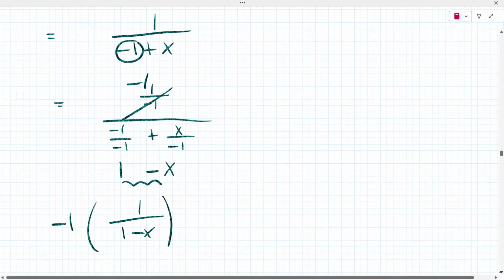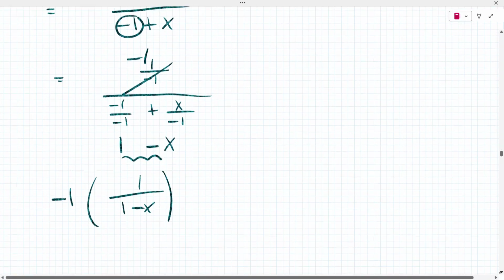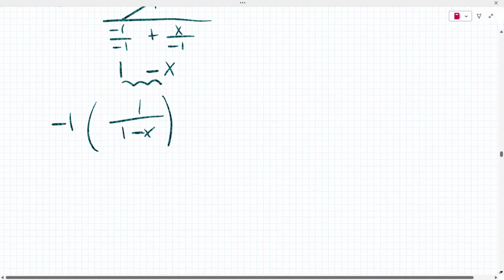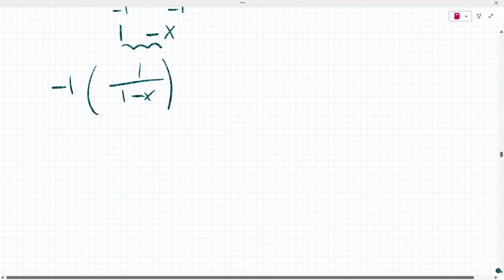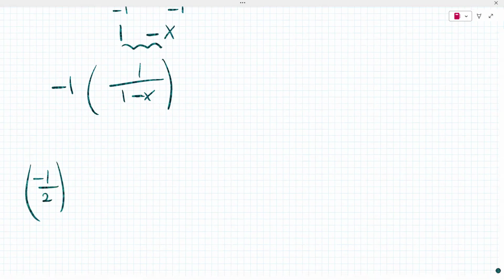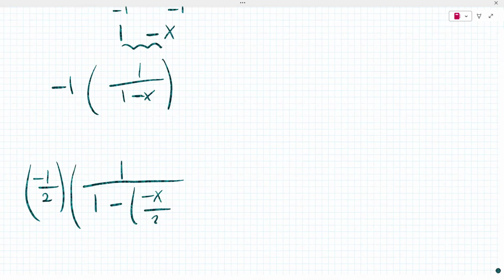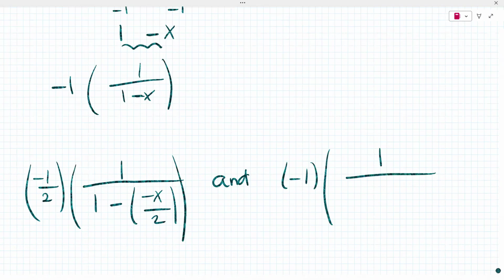So what do we have now? In the first term, we had negative 1/2 times 1 over 1 minus negative x over 2. And then on the second term, the one we just did, you have a negative 1 times 1 over 1 minus x.